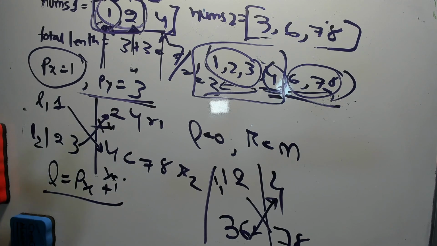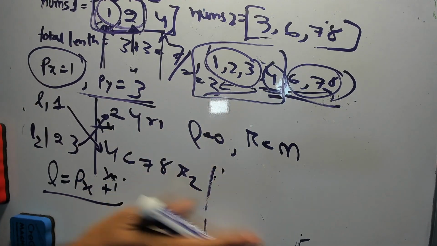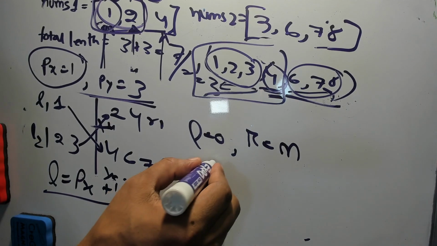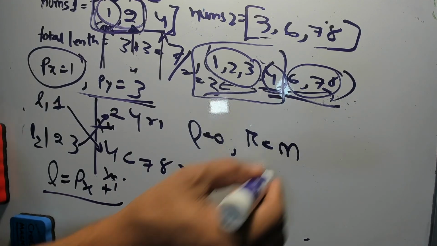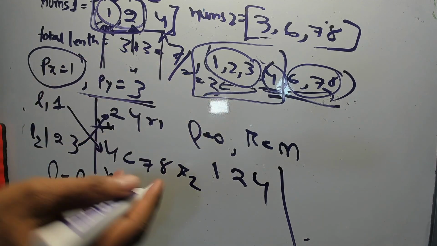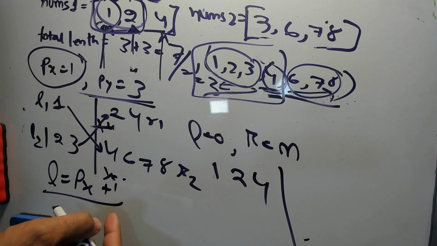So again, we have to move our px to the right. It means we're going to pick a new element from the nums1 array. Now what happens if we pick it? Now it will become 1, 2, 4, right? And now, how many are we going to pick from the nums2 array?